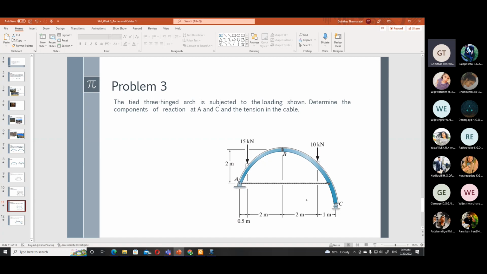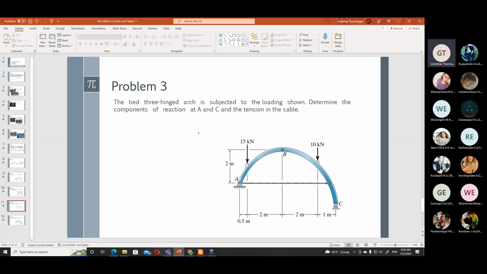Reactions at A and C: if you take the entire structure, you don't need to consider the force acting in the tie. So you can mark RA and HA and here RC, then find the reactions like a beam, taking the equilibrium vertically and horizontally.